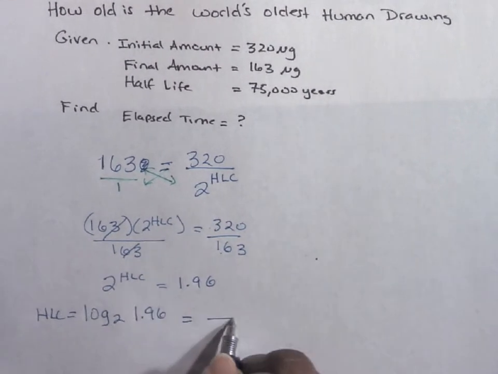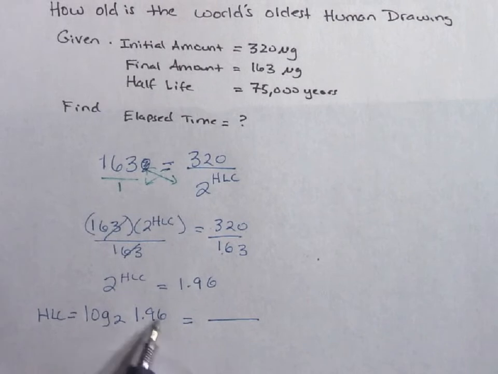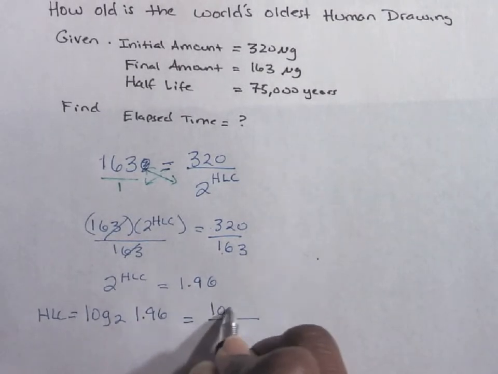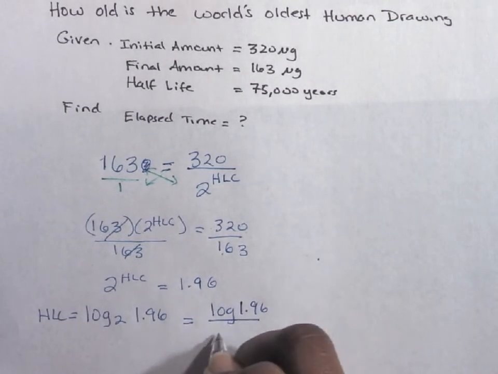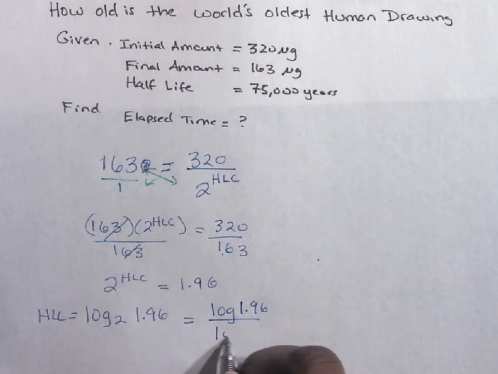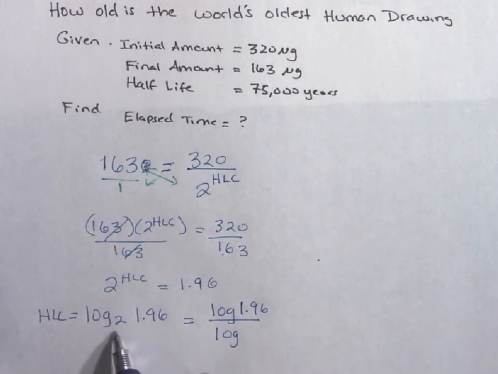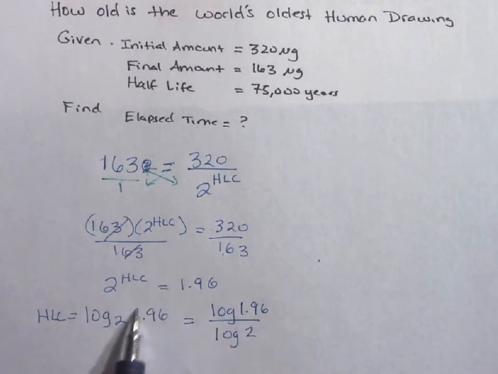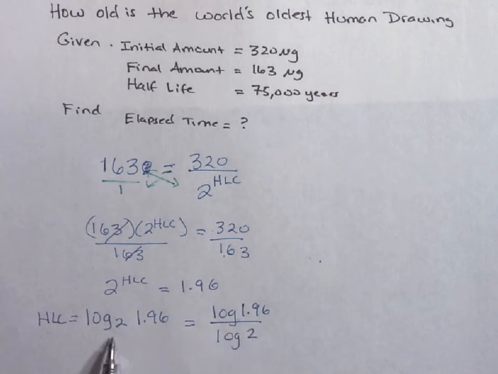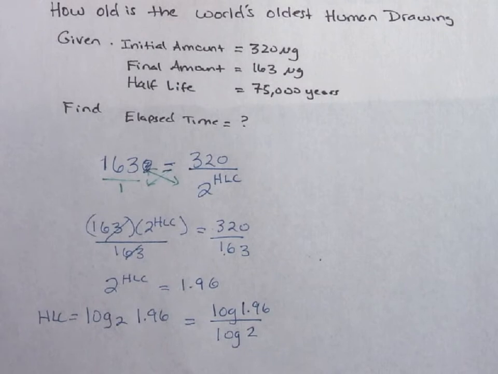So this expression is equivalent to log base 10 of 1.96, which is the one my calculator has, divided by log base 10 of 2. So you take the log of the argument, or the big number, and divide that by the log of the base, or the small number, and we can go ahead and plug that into our calculator.